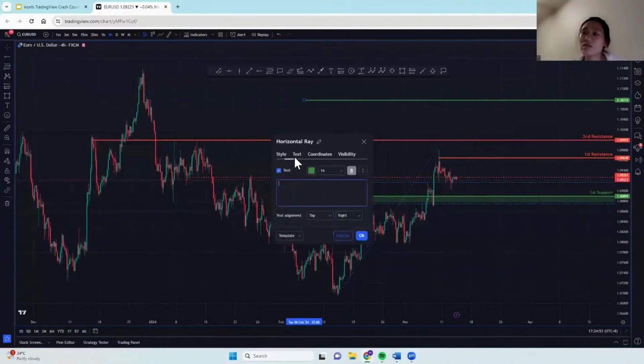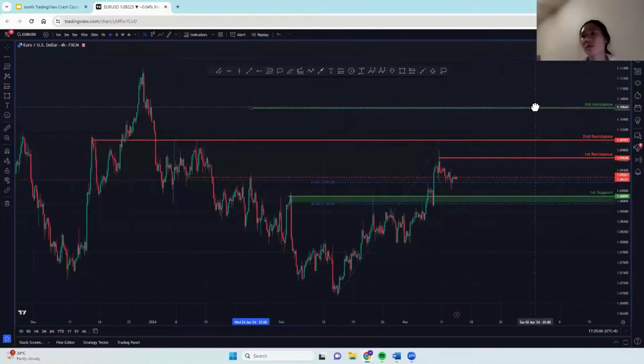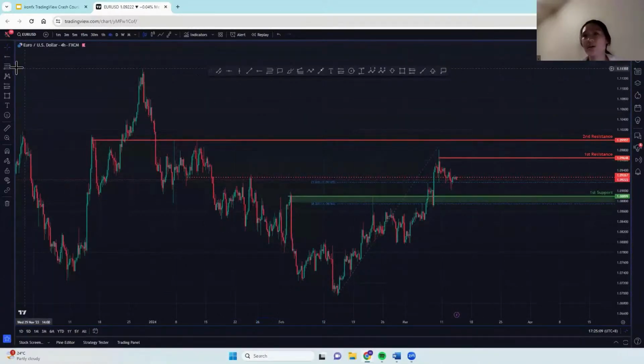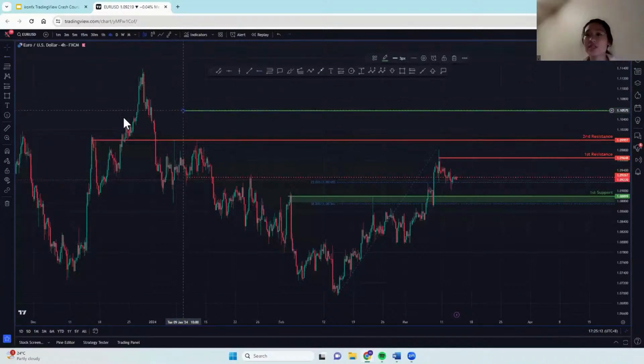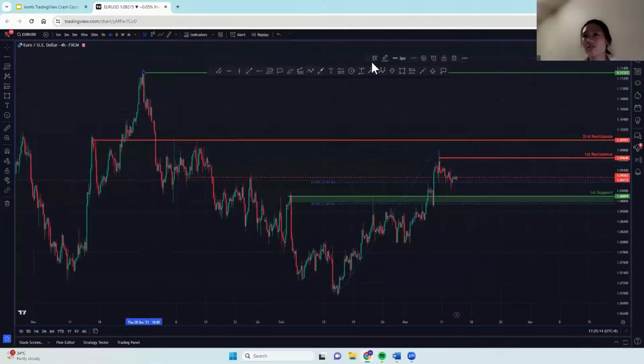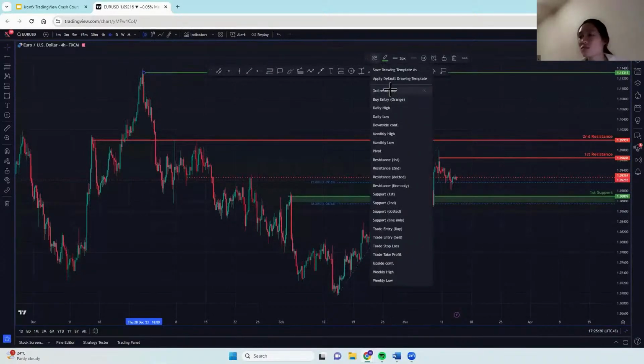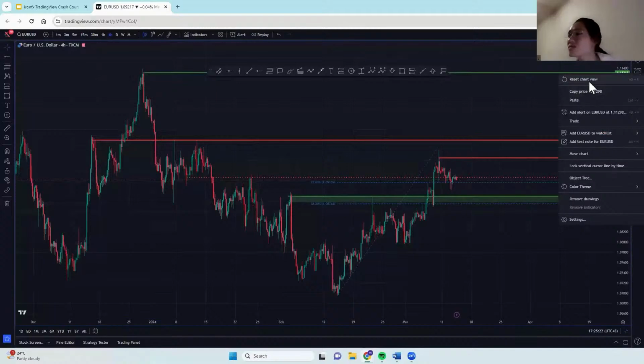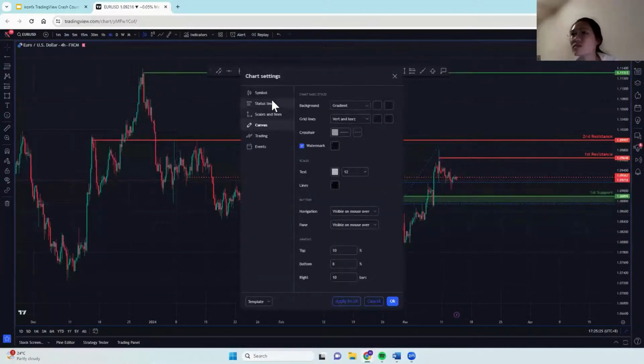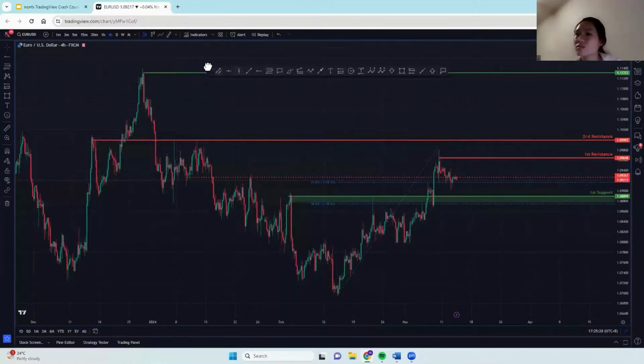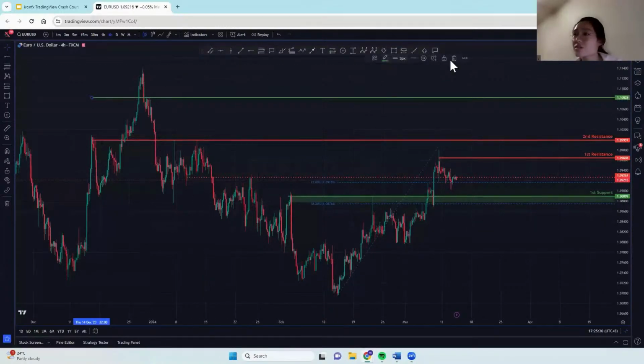Okay, go to settings. You can change the color as well, and then my text here would be third resistance. Okay, so it's popped up here. So every time I want to have a third resistance, for example, here, I just have to click on this. I think I didn't save it earlier.